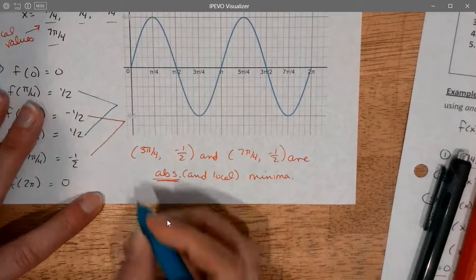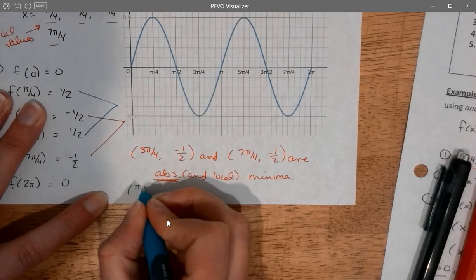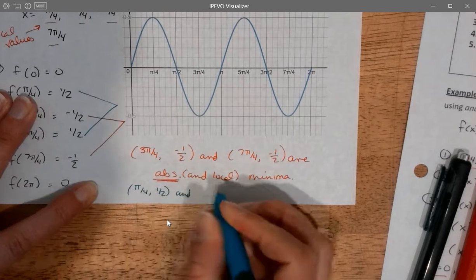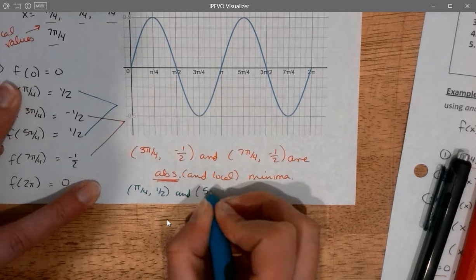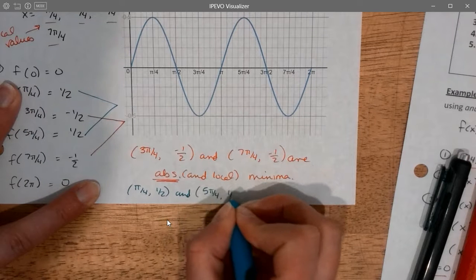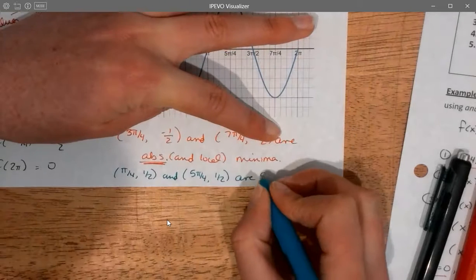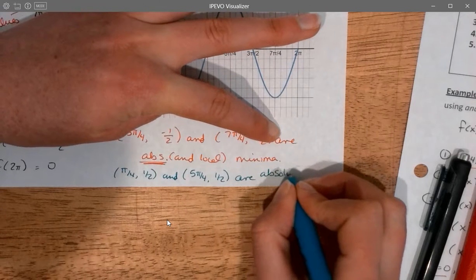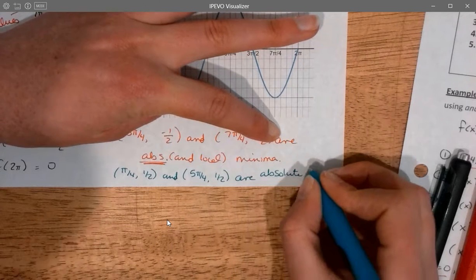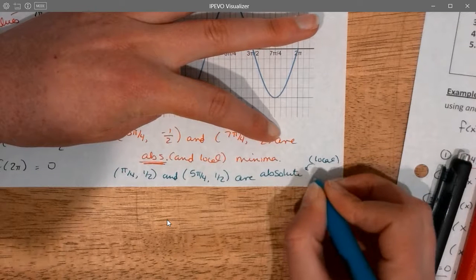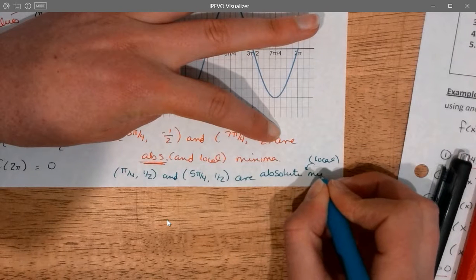And the other 2, pi fourths comma 1/2 and 5 pi fourths comma 1/2, are absolute and local maxima.